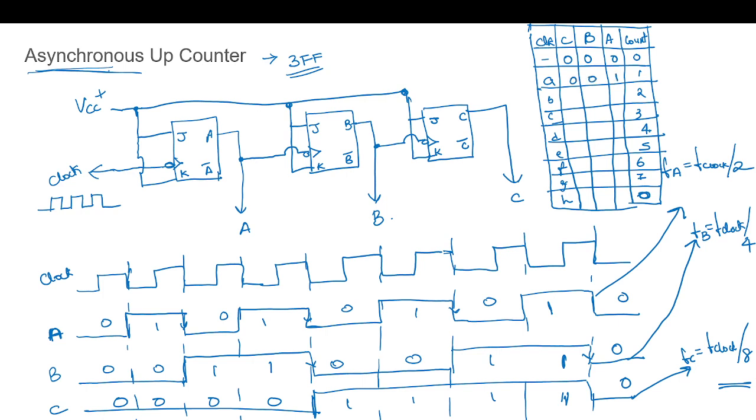Next 0 1 0, then 0 1 1, then 1 0 0, 1 0 1, 1 1 0, then again back to 0. This is the up counter.